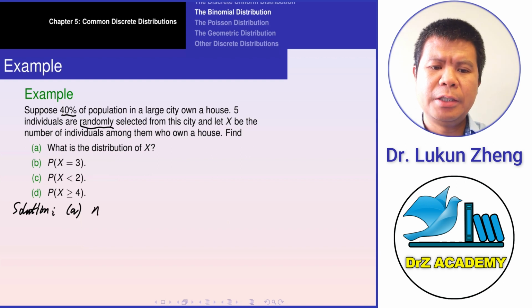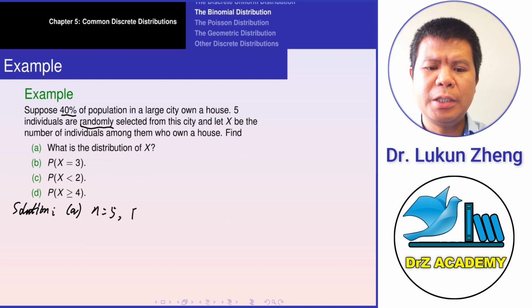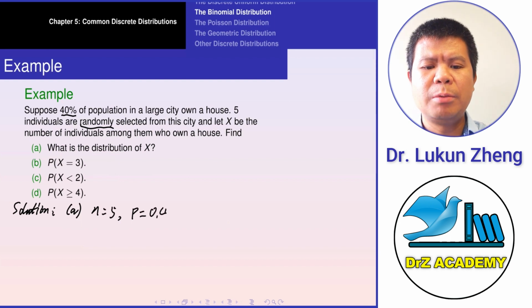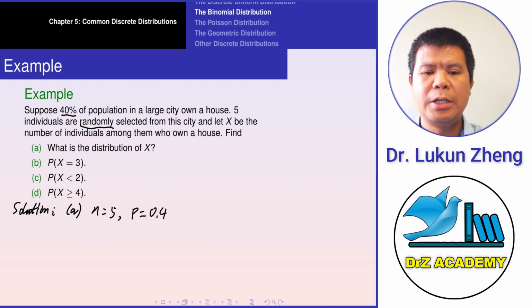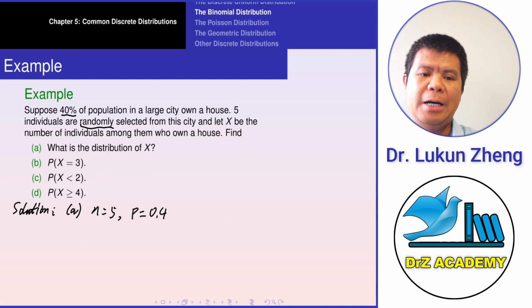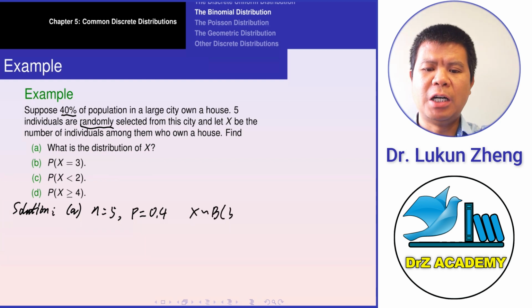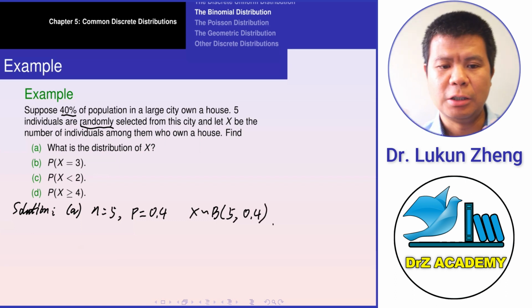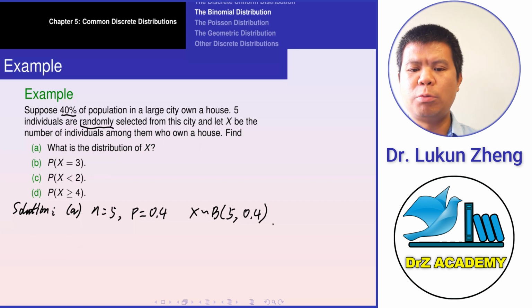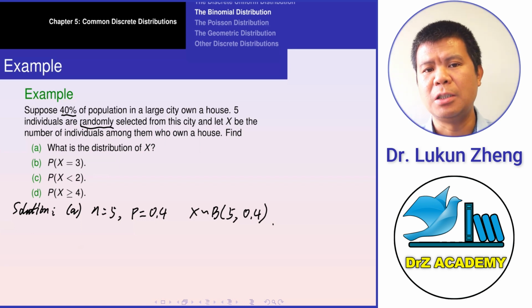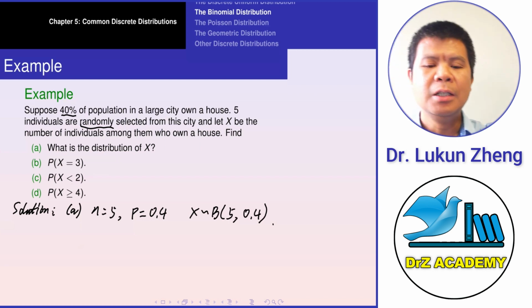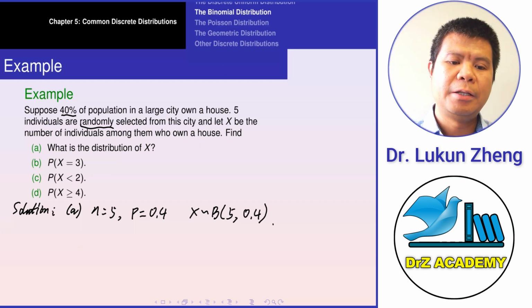So you have n equals 5, and the probability of owning a house is 0.4. We are interested in the number of individuals among these 5 selected ones who own a house. So X has a binomial distribution with parameters n is 5 and P is 0.4. Okay, so that is the distribution of X. Very good. This is part of A.